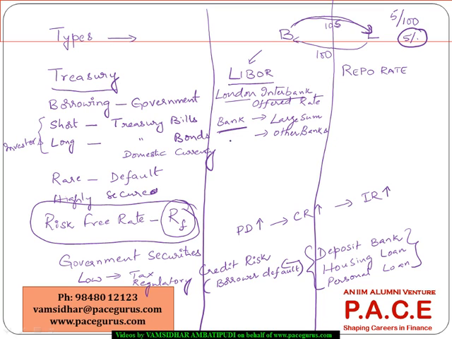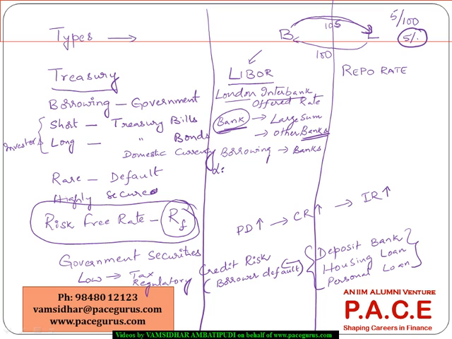So it's a kind of borrowing rate. From the other bank's perspective, it is trying to borrow from this bank. So this is also a kind of borrowing rate, but not by the government here. The borrowing is generally done by the banks here, and the bank which is depositing is actually the lender bank.